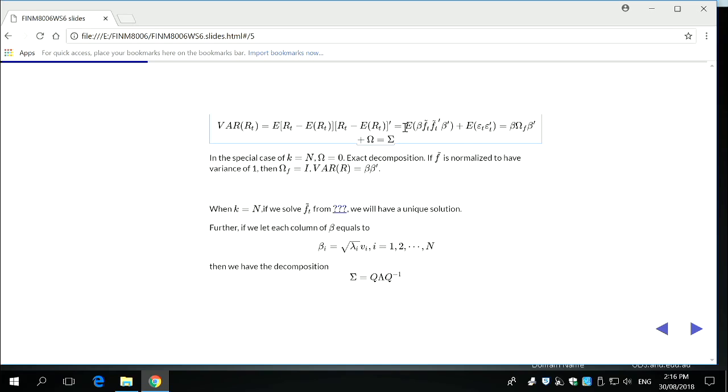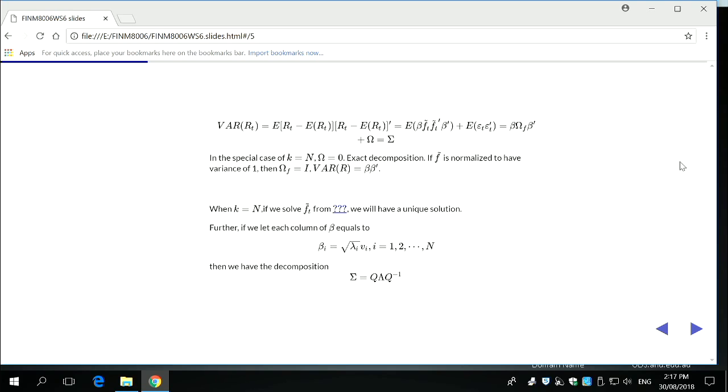what we have is two parts, right? One part is correlated with the factor deviation. The other part is the idiosyncratic part. All right. So we know expected f t f t prime can be written as matrix omega f, and expected epsilon t epsilon t prime can be written as the idiosyncratic matrix.